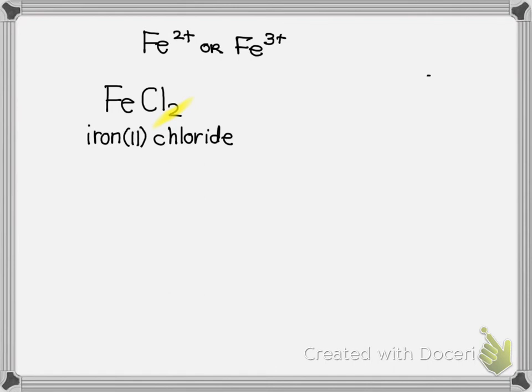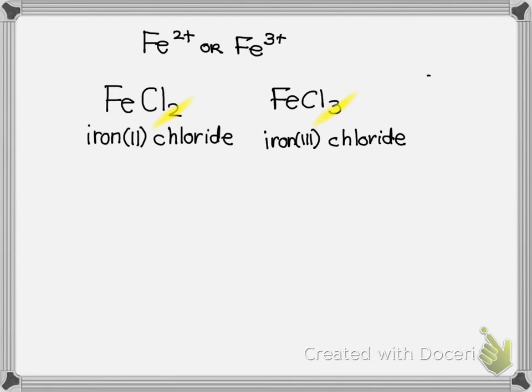If I had this, it takes 3, so this must be an iron 3 and then a chloride. Because remember, when you're naming ionic compounds, you're just naming the 2 ions, not how many are there, just the 2 ions.